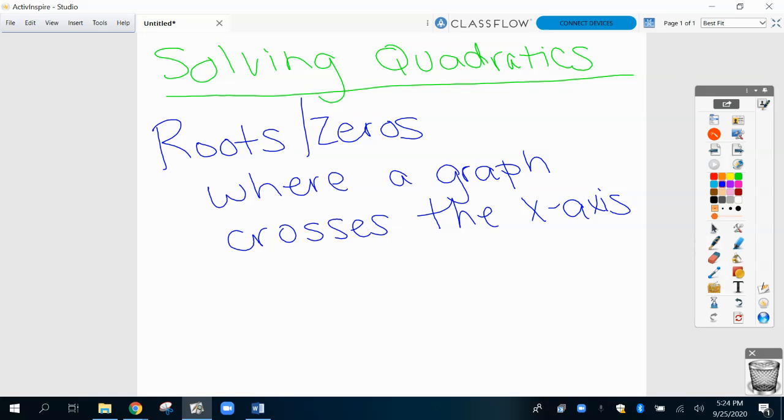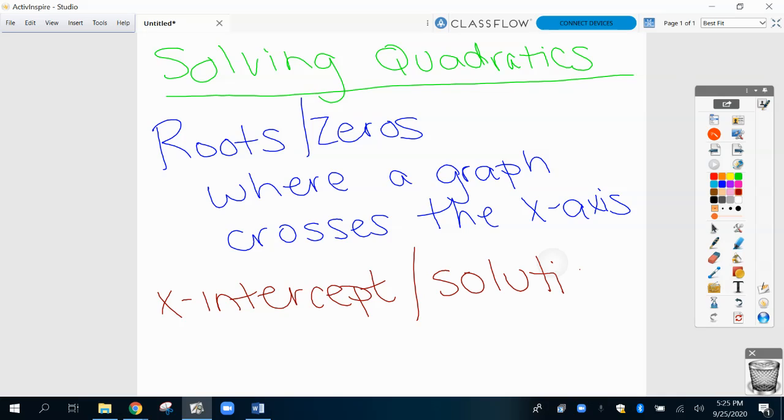There are some other math terms we might use with that as well, like the x-intercept. An x-intercept is where a graph crosses the x-axis, or sometimes we'll just be asked to find the solution. We are finding the solution, we're just doing it with the roots and the zeros.